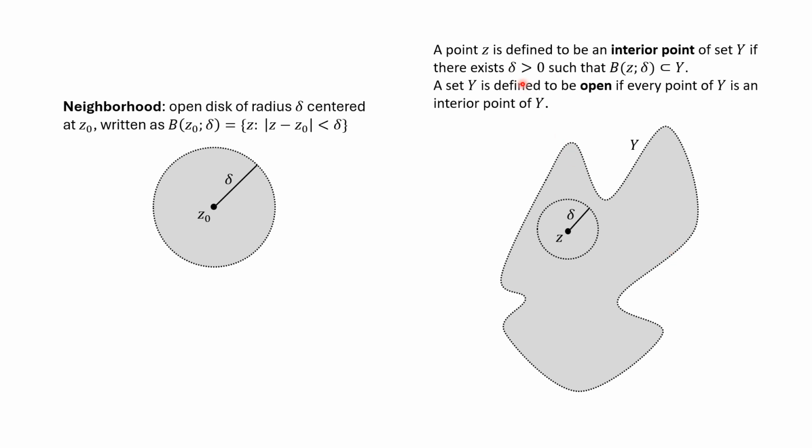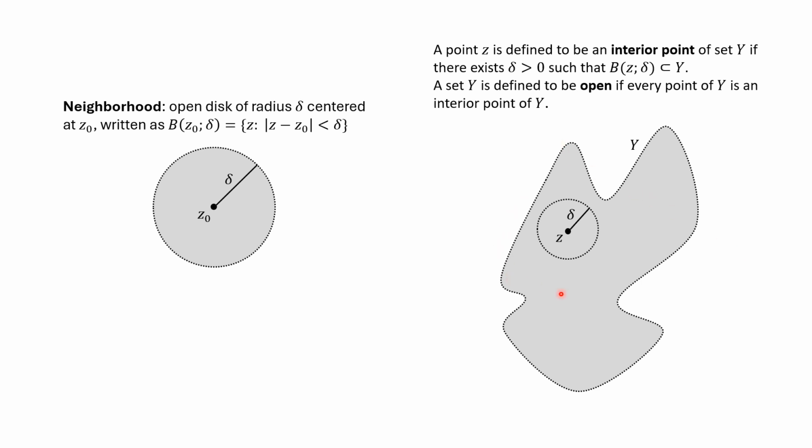A set that contains only interior points, or should I say a set all of whose points are interior, is called open. So if we don't have the boundary of y here, that's missing, not included, then this y would be an open set. We can get as close as we want to the boundary, and we can still draw a small neighborhood about that point that's completely in y.